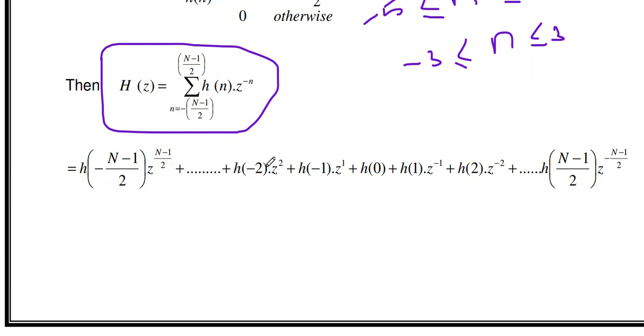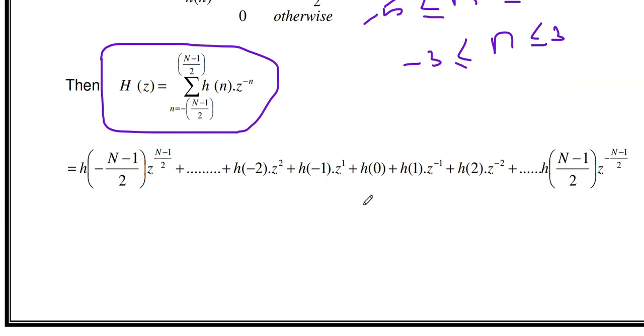Similarly, for n equal to minus 2 we get h of minus 2 z squared, plus h of minus 1 z power 1, plus for n equal to 0, the center value, h of 0 into z power 0, which is 1. Similarly h of 1 z power minus 1, h of 2 z power minus 2 and so on. If you expand, we get the transfer function like this.